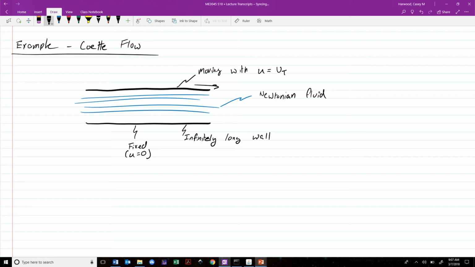We'll say that these two surfaces are located a distance big H apart from one another. And that they both have different temperatures. So the top here we'll say has a temperature T sub T, and the bottom temperature T sub B. Okay.